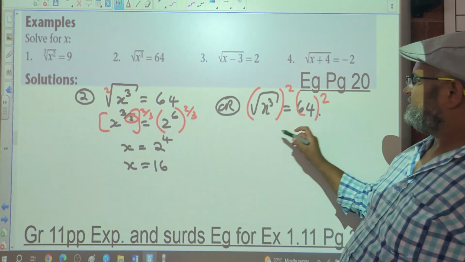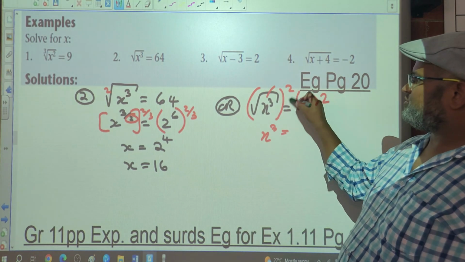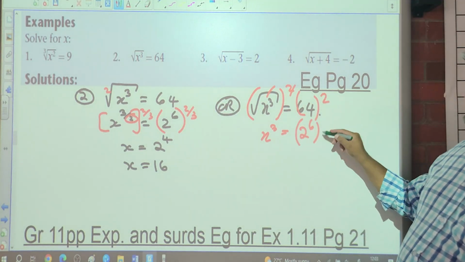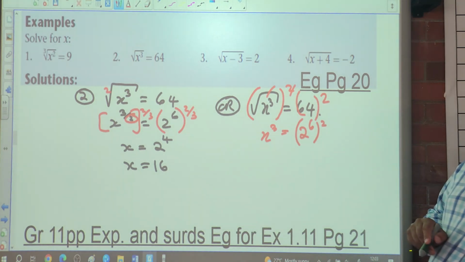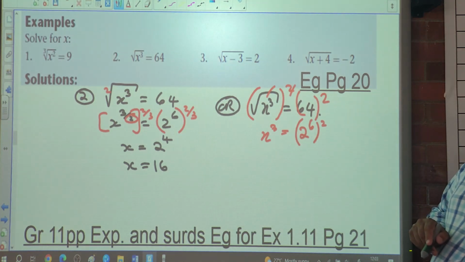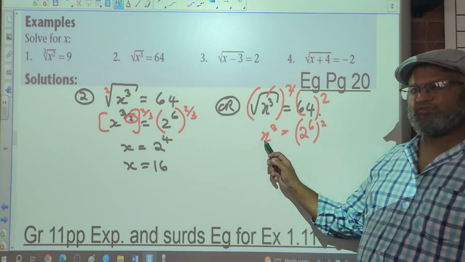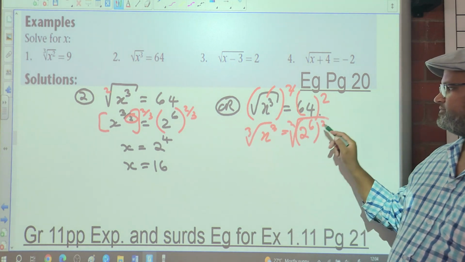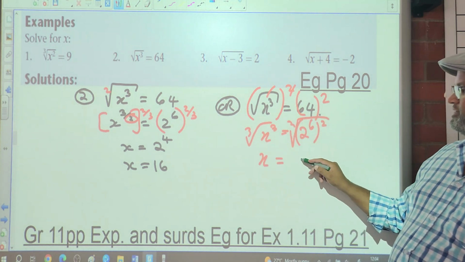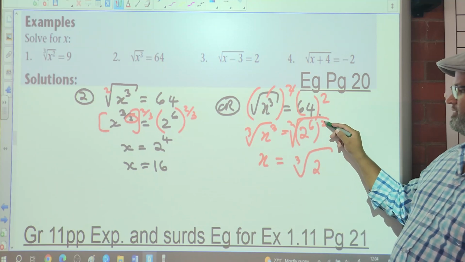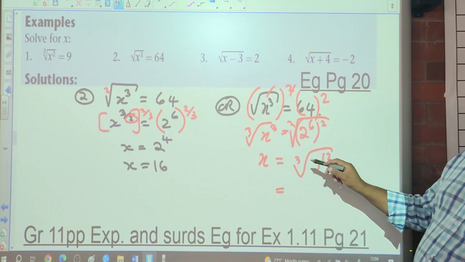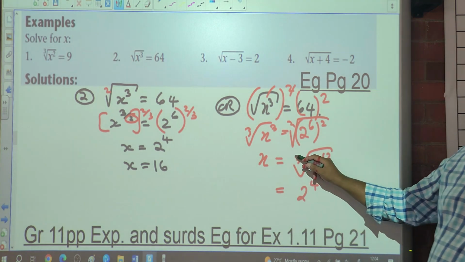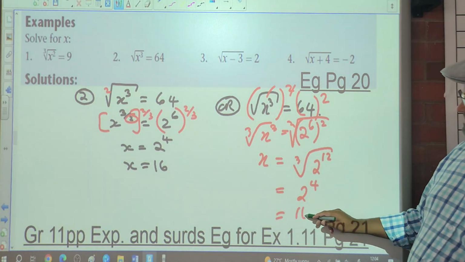So I got x cubed is equal to, remember the square and square root cancel, 64, which is 2 to the 6, raised to the power 2. So how do I get rid of the cube? Cube root both sides. So x is equal to the cube root of 2 to the 12. Now the cube root of 2 to the 12 is 2 to the 4, so 12 divided by 3. And 2 to the 4 is?